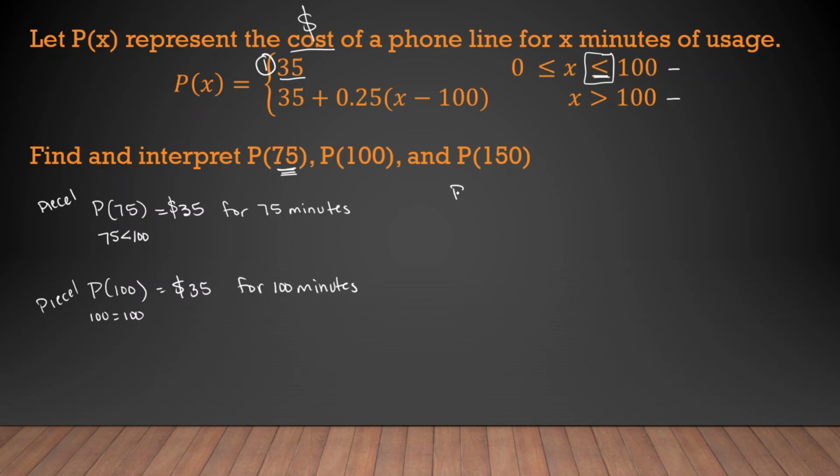Okay, finally, P of 150. Well, 150 is greater than 100, so I'm in piece 2. So I'm going to do 35 plus 0.25 times (150 minus 100). That's going to be 35 plus 0.25 times 50.